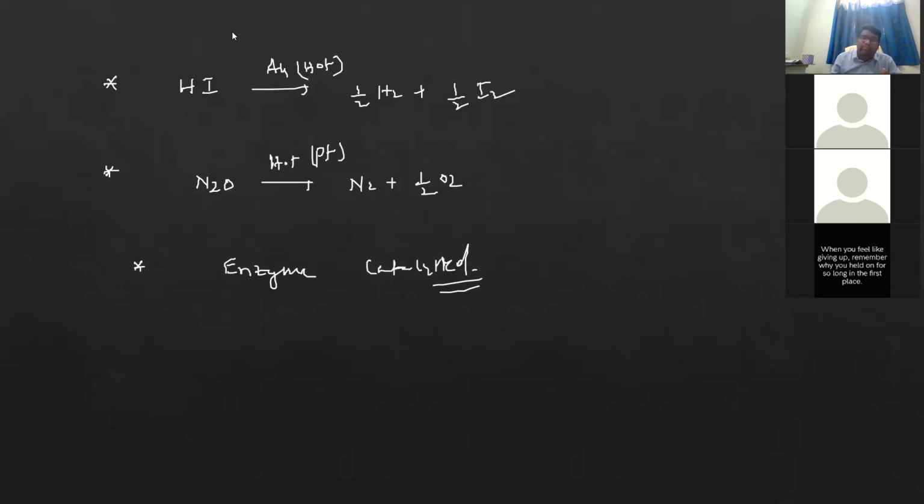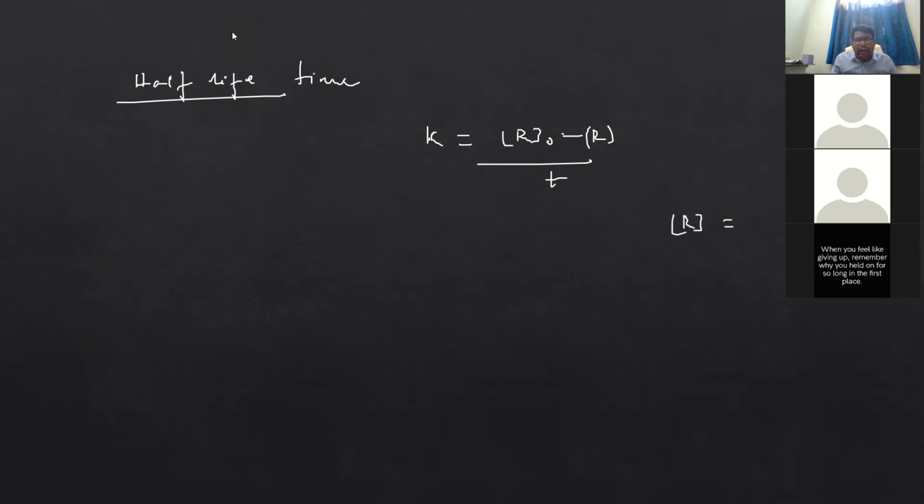What is the half-life time? Half-life time is very important. What is the half-life time of a zero order reaction? You know k is equal to ([R]0 minus [R]) by t. So if you substitute [R] equals [R]0 divided by 2 because of half, and t equals t1/2, we get the half-life time. So t is equal to ([R]0 minus [R]) divided by k.